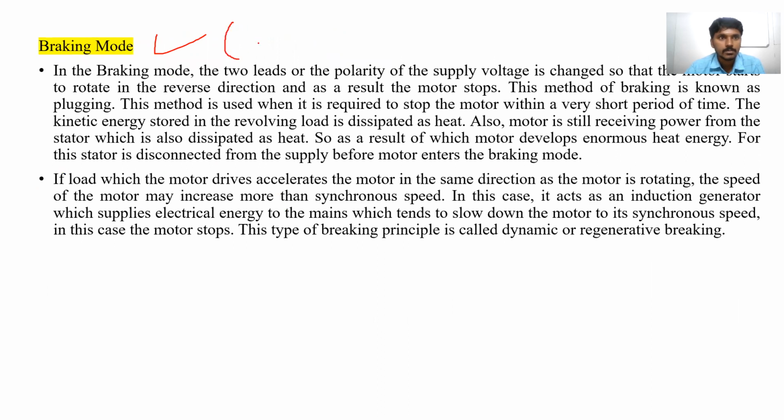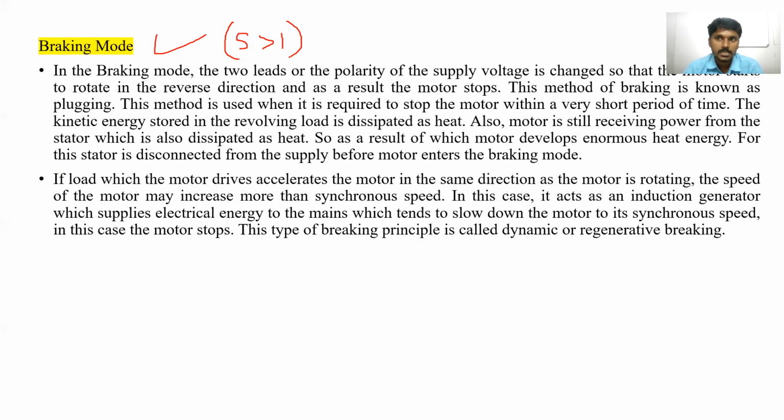Next, braking mode. Braking mode means if the slip is greater than 1, the motor will go into the braking mode. That is the plugging region. Slip greater than 1 means the motor speed is negative.